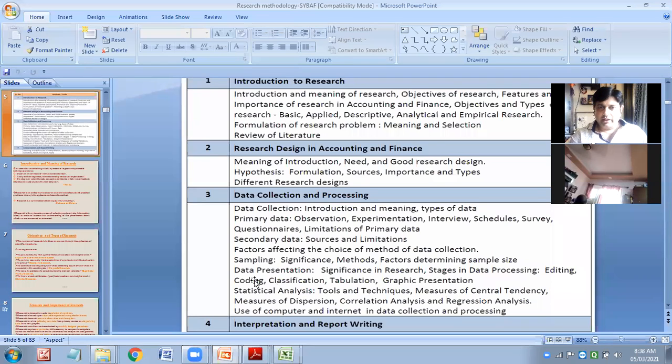Now we have already done this statistical tool manually. Next time we will see how to do it through computer, because the use of computer and internet is very important for data collection and processing.